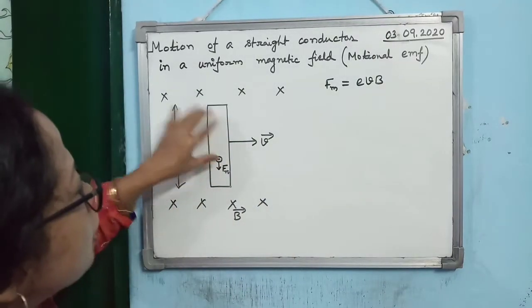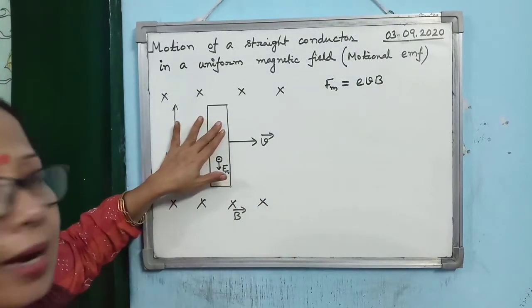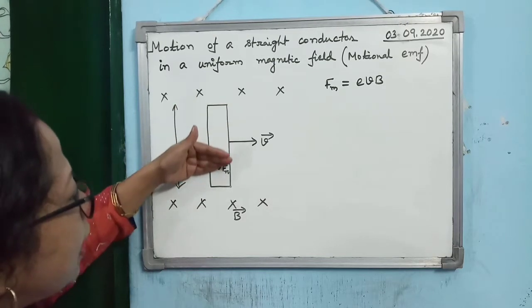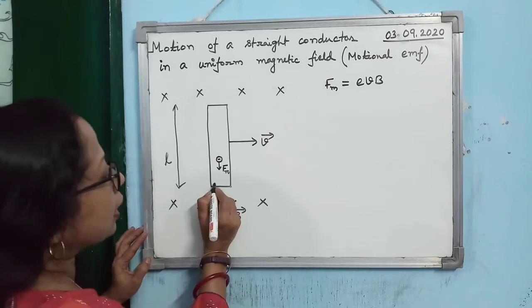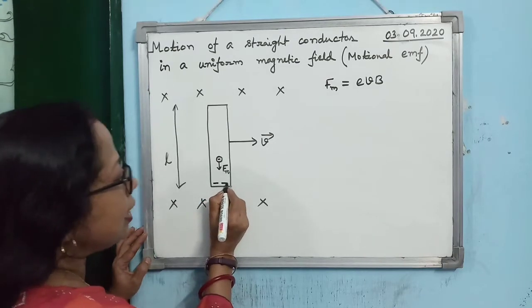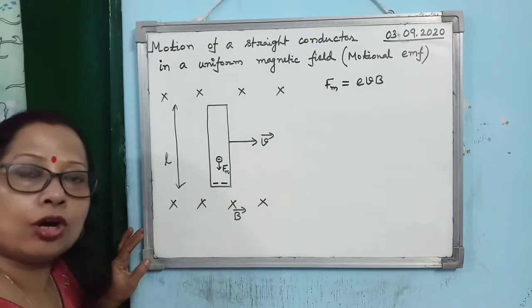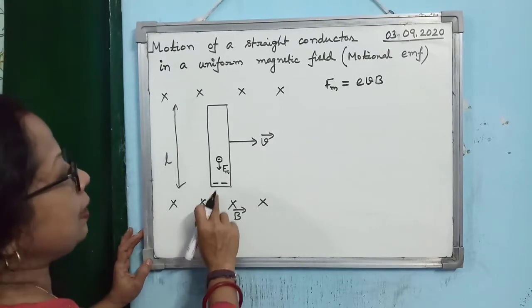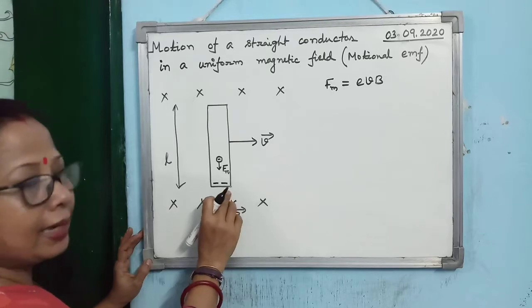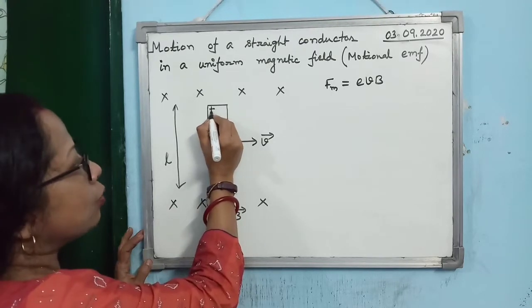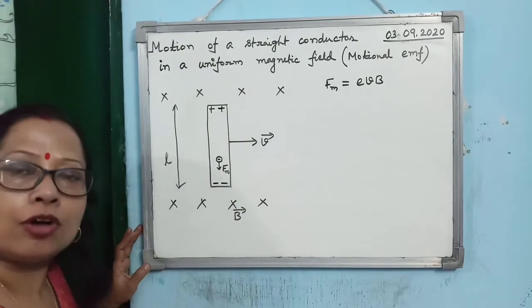All the electrons present within the conductor will experience the force in the downward direction. So electrons will accumulate at the lower end of the conductor, and at the upper end there will be a deficiency of electrons.